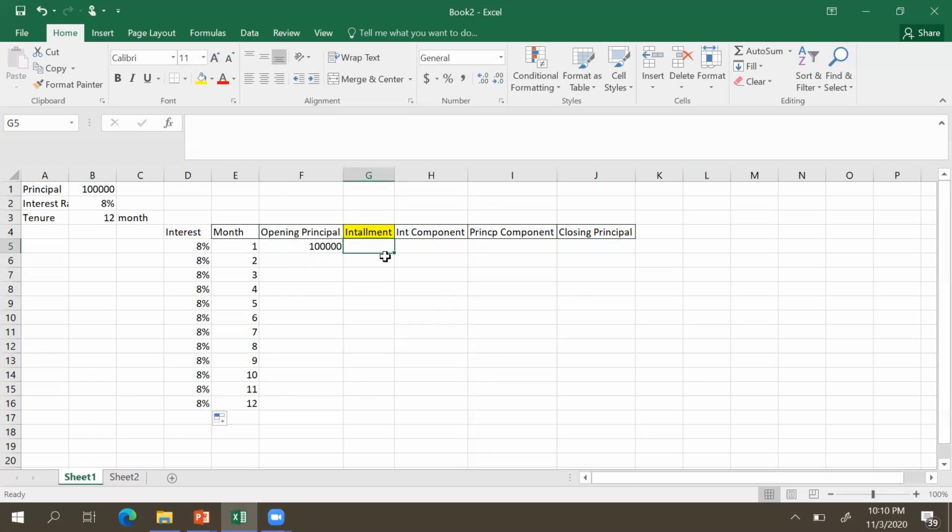What is the installment? I have told you the formula for it: we use the formula in Excel known as PMT. So what is the rate? The rate is for the month, so it will be 8% divided by 12.